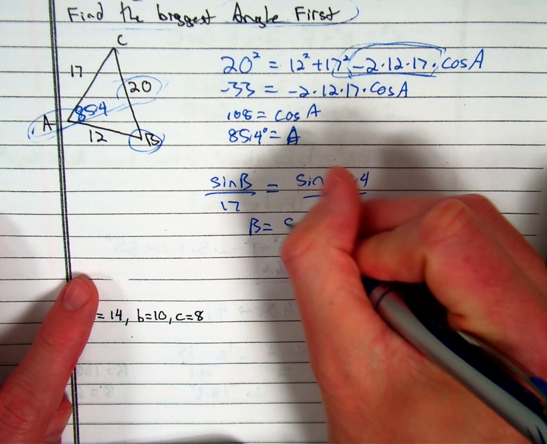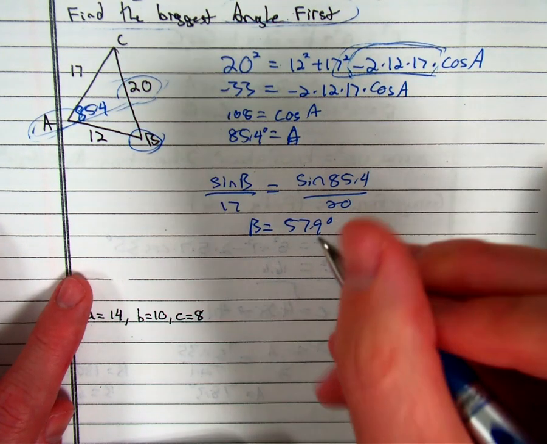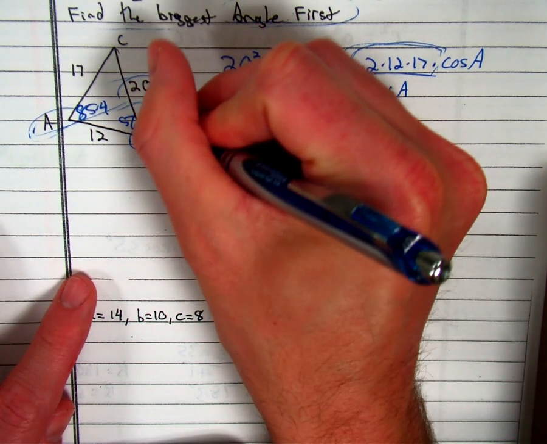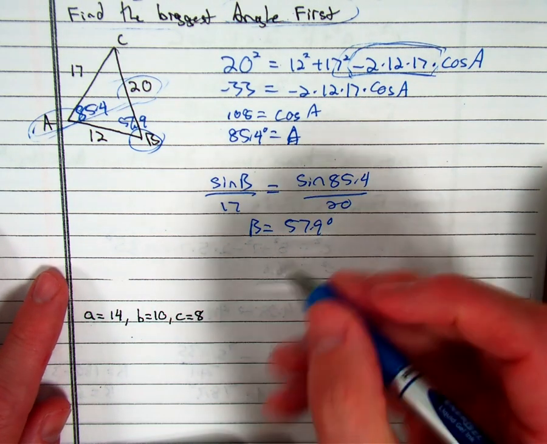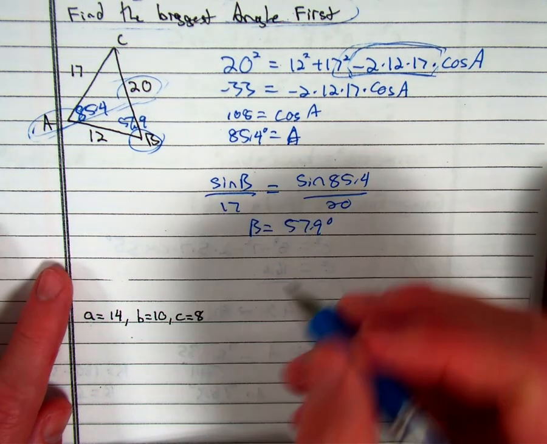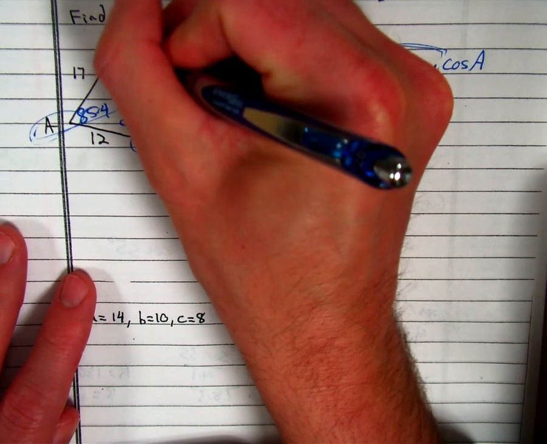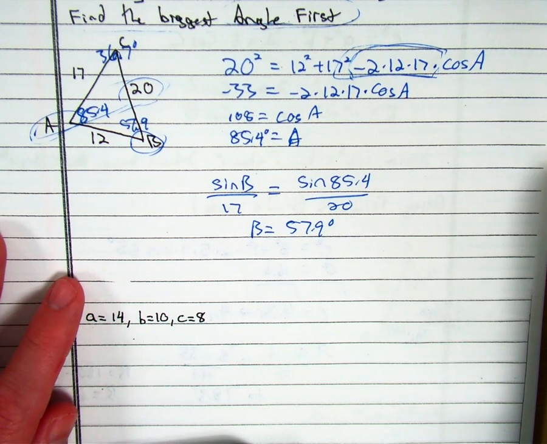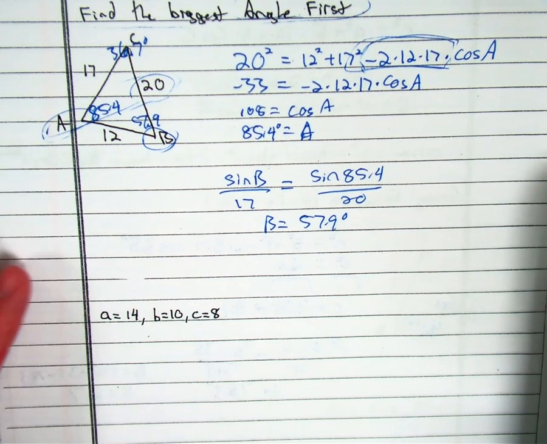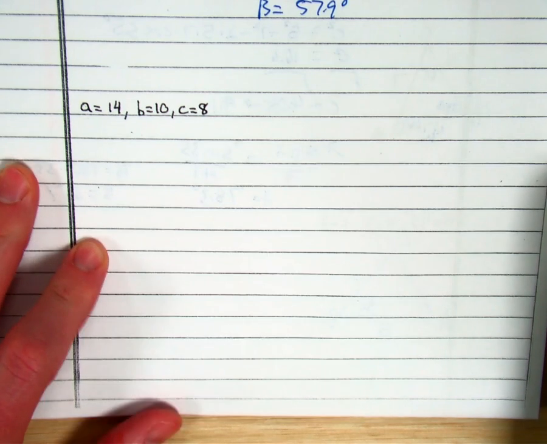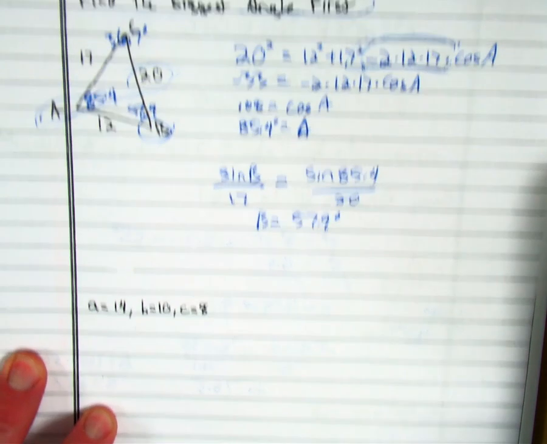And we should get 57.9 degrees for B. And then we'll do 180 minus, and we should get 36.7 for C, if we do 180 minus the angles we already have. All right, your turn. Push pause and give that next one a go.